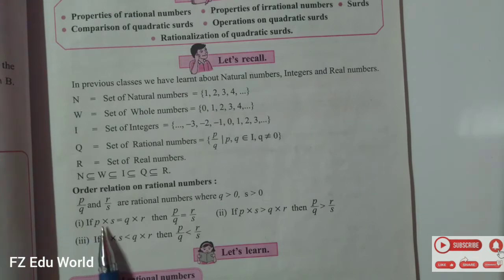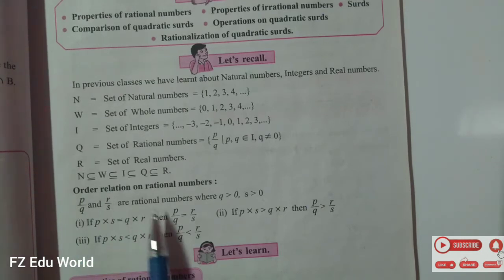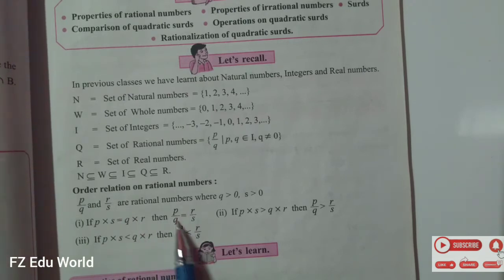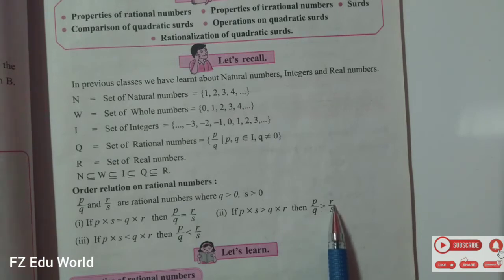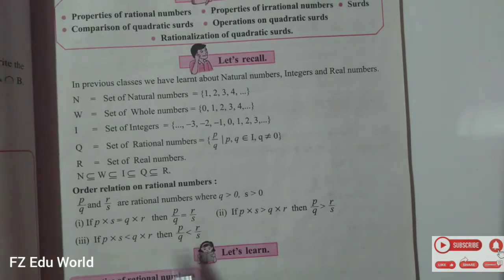So first, if P multiplied by S is equal to Q multiplied by R, then P upon Q is equal to R upon S. We know that if we get an equation like this, then we cross multiply P into S, R into Q. If P multiplied by S is greater than Q multiplied by R, then P upon Q is greater than R upon S. If P multiplied by S is less than Q multiplied by R, then P upon Q is less than R upon S.